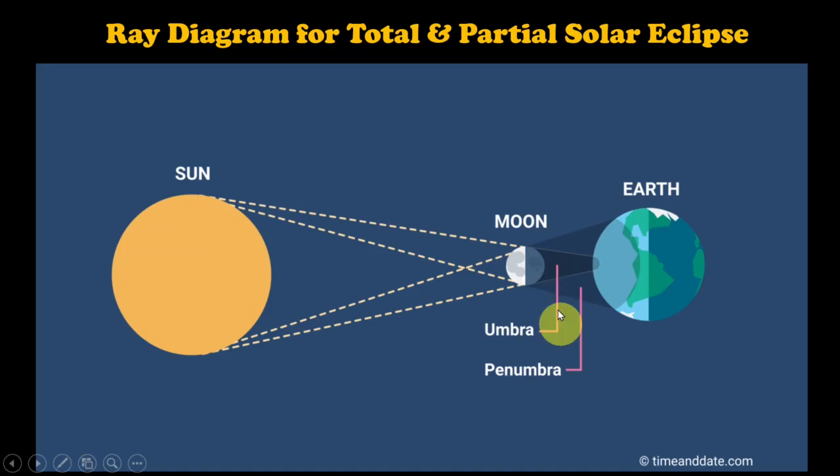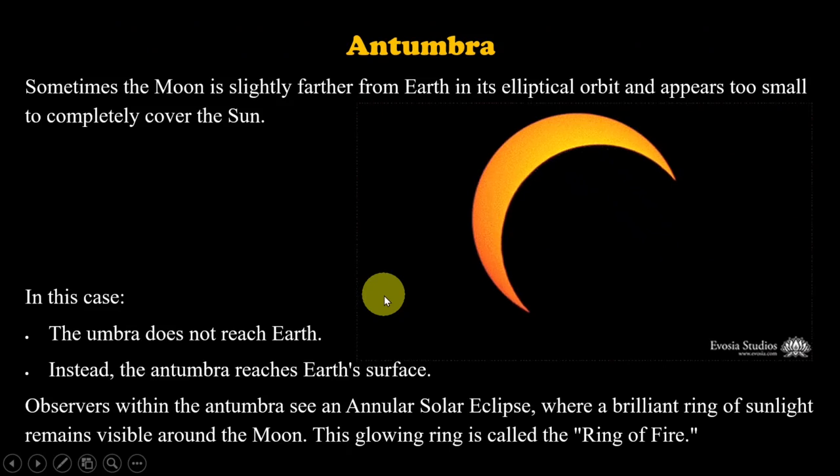They are going to form the penumbra. Then if you draw another ray diagram, this one starts from here and continues coming here. It's going to form the umbra. The same thing comes here. So you have the penumbra and you have the umbra. That is the ray diagram. I just want to show you that for reference.